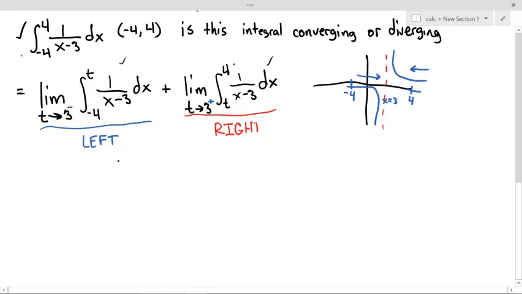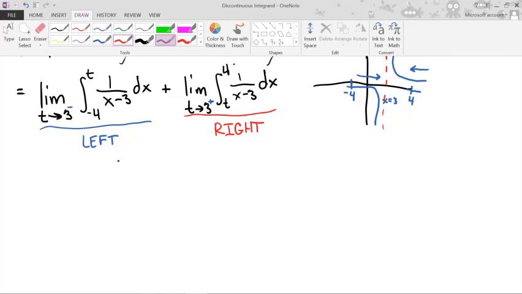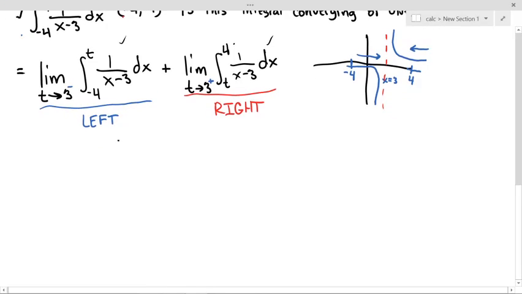Now I'm going to pick the left side, and we can evaluate from there. I just want to rewrite this: the integral from -4 to t of 1 over x minus 3 dx.